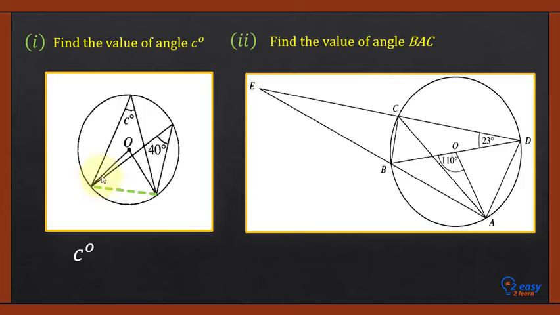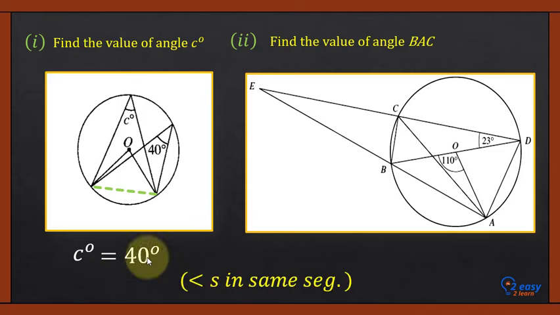If we move this chord forward, we will observe that this chord is also making an angle of 40 degrees on the circumference of the circle. So both angles are on the circumference, formed by the same green chord. That's why both angles are equal and angle C is 40 degrees. So the property name is angles in same segment.